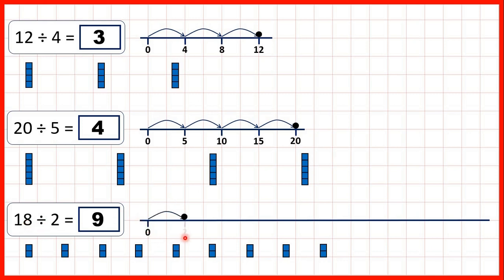We can count 2, 4, 6, 8, 10, 12, 14, 16, 18. So altogether we've made 9 jumps, so our answer is 9. 18 divided by 2 is 9 because 9 times 2, 9 groups of 2 make 18.